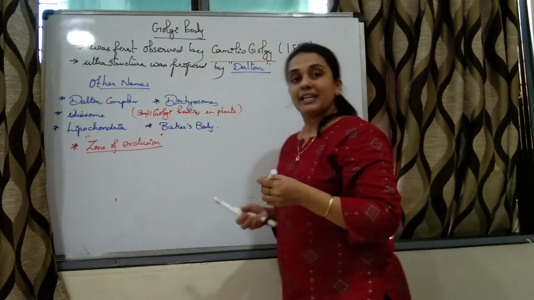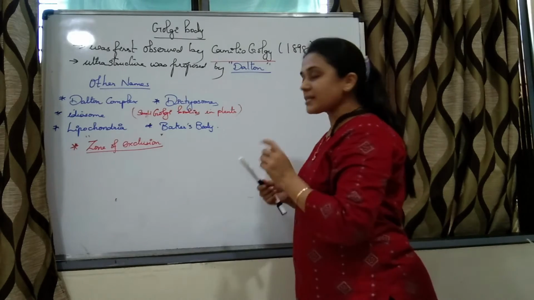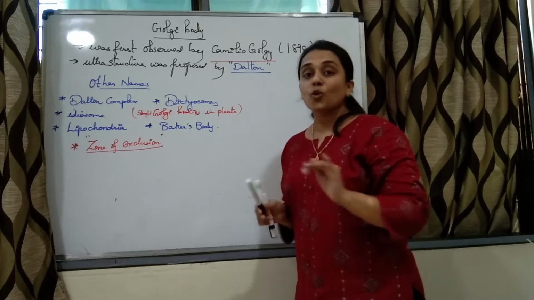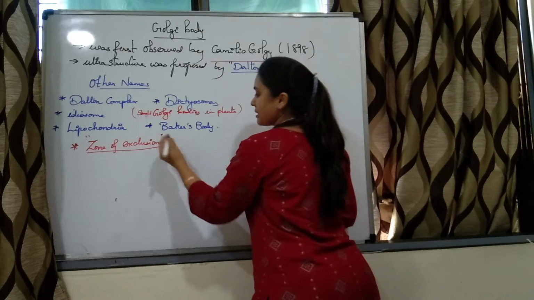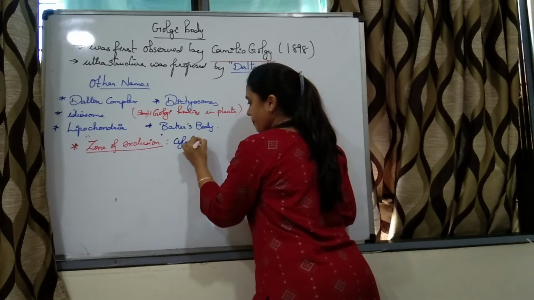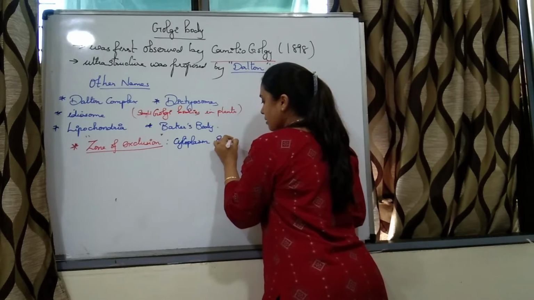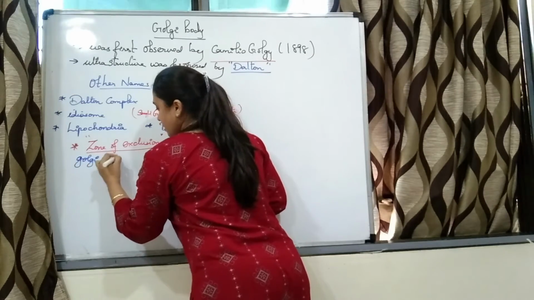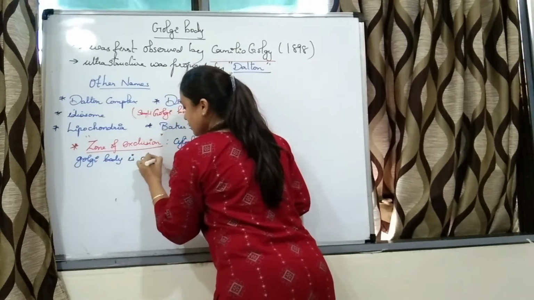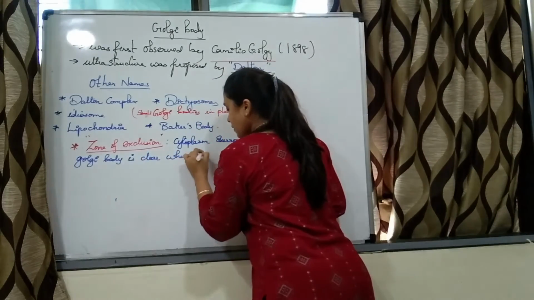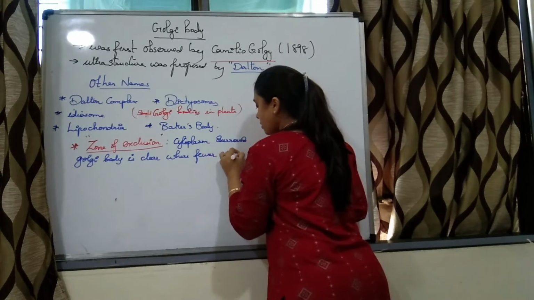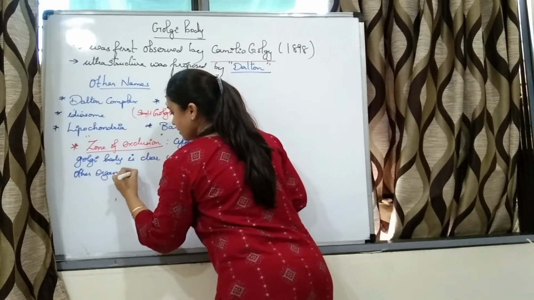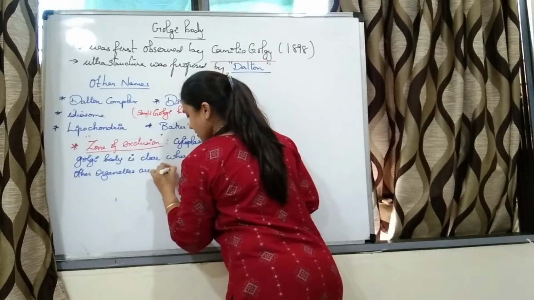So Golgi body is an organelle, right? So the cytoplasm which is surrounding the Golgi body organelle is clear, where fewer or no other organelles are present, right?